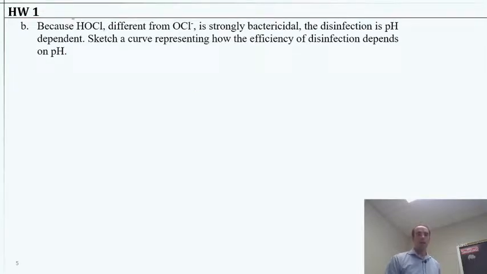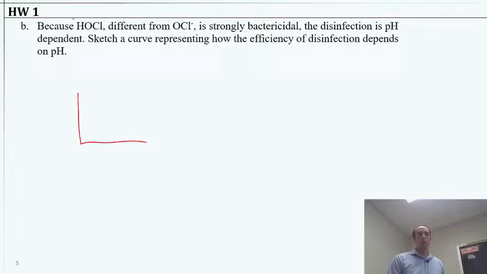Then we say, because HOCl is different from OCl minus, it's stronger, bactericidal. Disinfection is pH dependent, so it says sketch a curve representing how the efficiency of disinfection depends on pH.